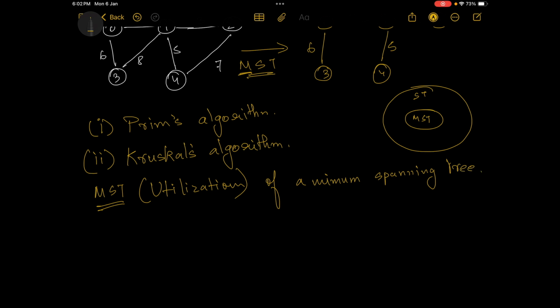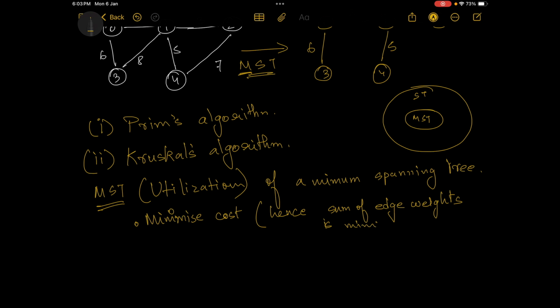Well, the utilization of a minimum spanning tree beyond leet code, beyond competitive programming in the real world, is that whenever we want to minimize the cost, hence sum of edge weights is minimum, right.